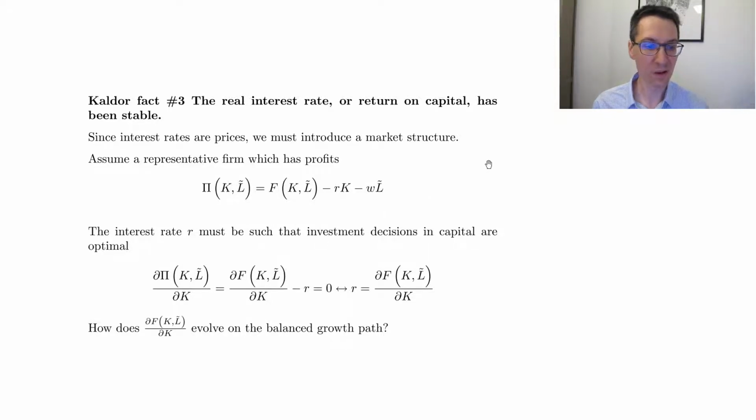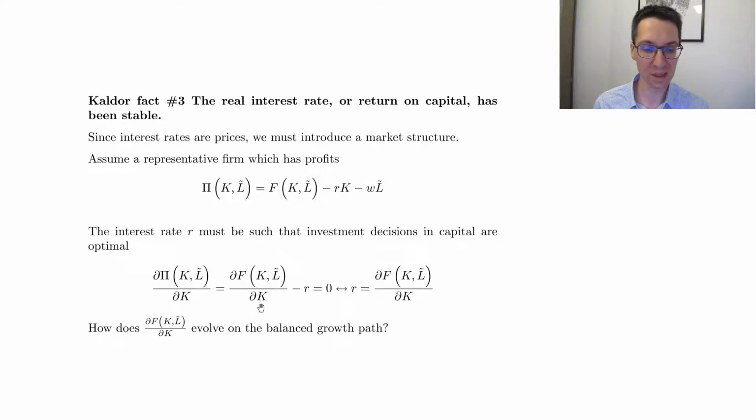All right, so how do we find the interest rate? Well, it's like any good firm. What this representative firm does is maximize profit. To do that, it optimizes the use of K and L. So we take the first derivative of profit with respect to K, and we get that df/dk minus R has to equal 0.